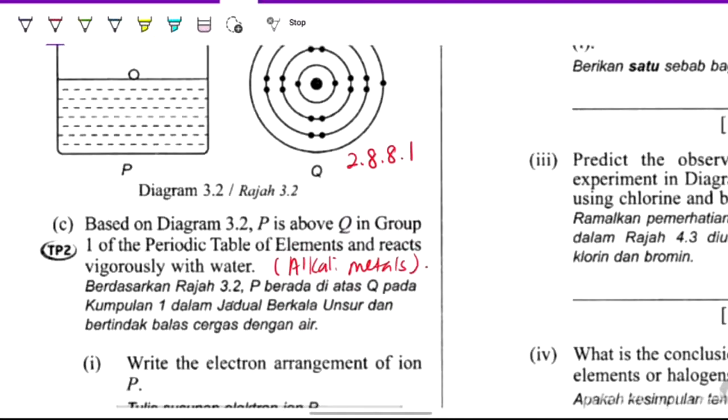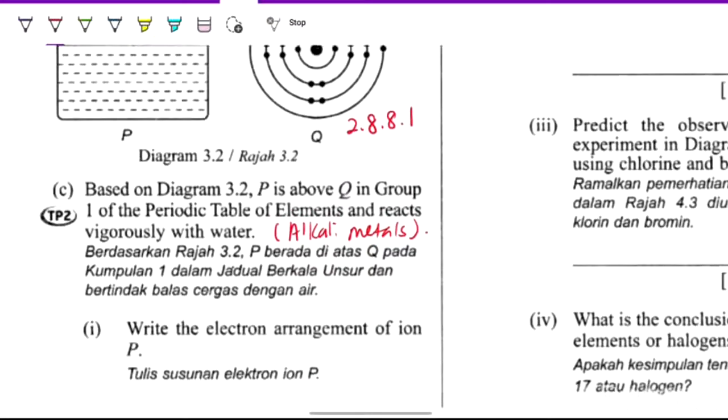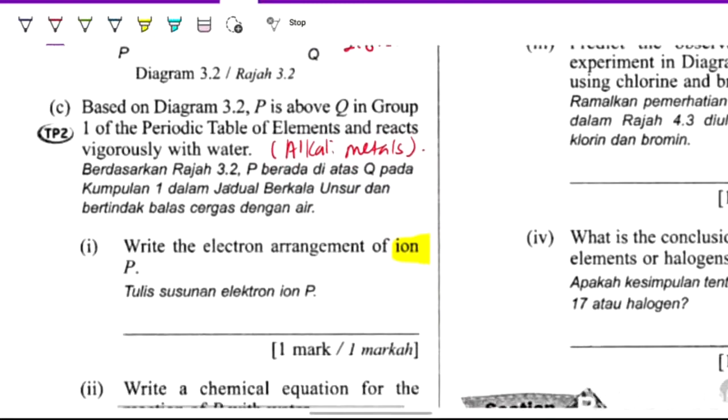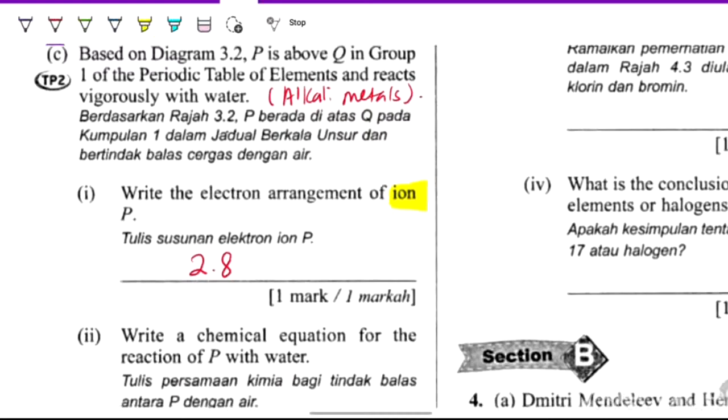Write the electron arrangement for ion P. You have to be careful here. Ion means it has already achieved a stable octet electron arrangement, so it should be 2.8. Initially it is 2.8.1, but after it forms an ion, it should be 2.8.